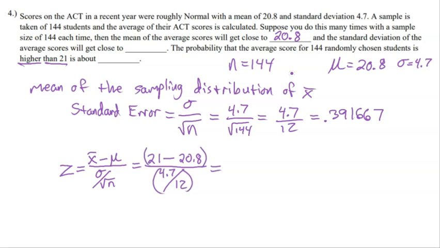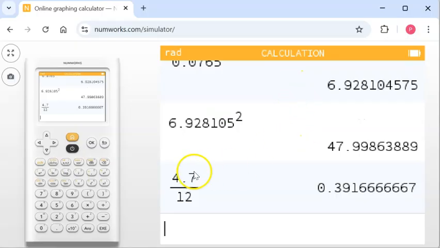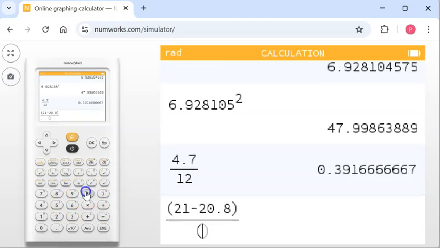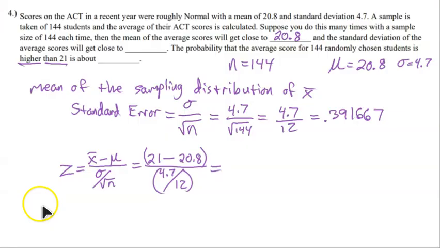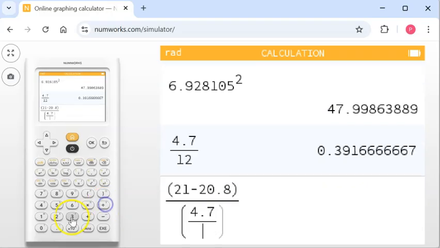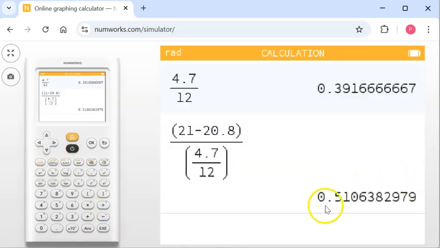And I'm going to do this in the NumWorks calculator. So I'm going to do parenthesis 21 minus 20.8, close, then divided by, and then parenthesis 4.7 divided by 12, close parenthesis.